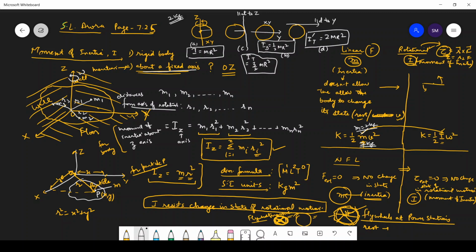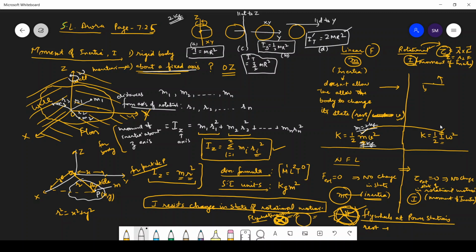Because you have to rotate this ring, which is in the xy plane, tangentially, parallel to the y-axis. So this has the maximum moment of inertia, 2 mr square, twice even from this. So students, now you have understood this moment.